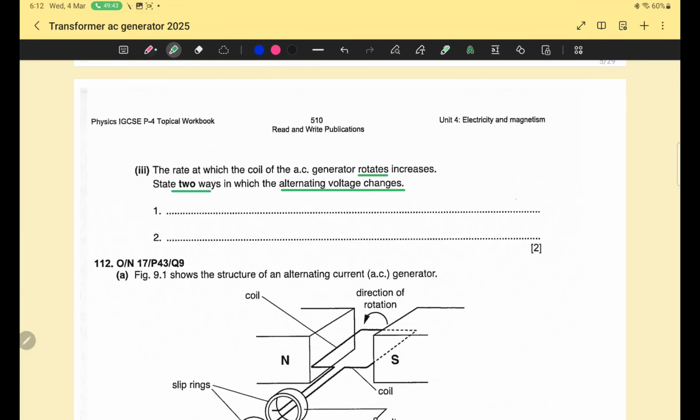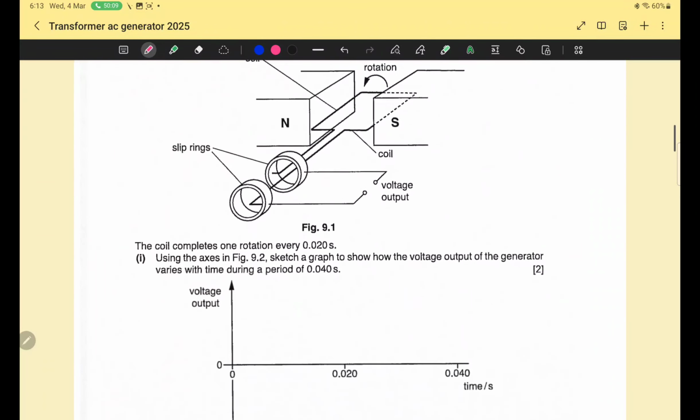Sir, we have studied: peak value will increase, greater voltage produced, and time period will decrease. We have already discussed these two points.